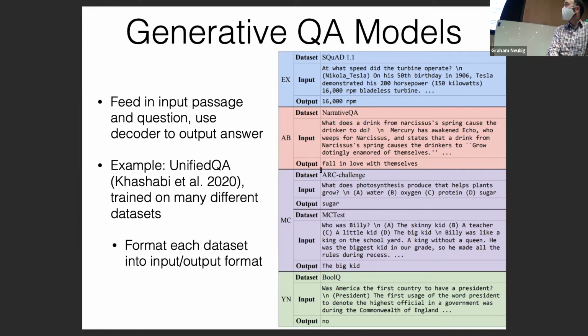For multiple choice, you can do exactly the same thing, but what they do is give the model multiple choices, and after they've given the model multiple choices, they output the answer here. You can calculate the probability of all of these multiple choices and just output the one that has the highest probability.